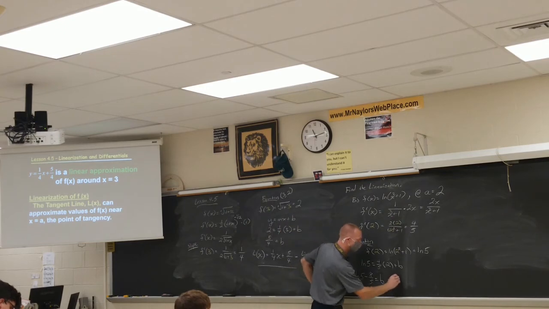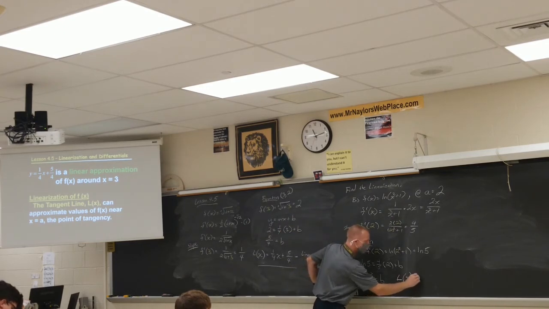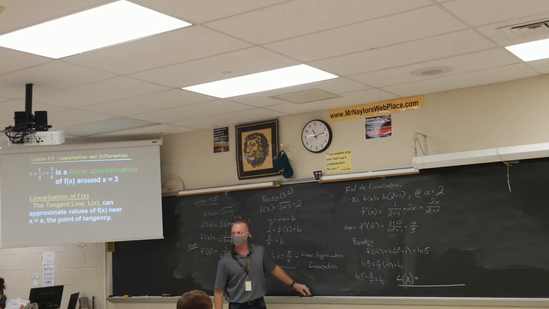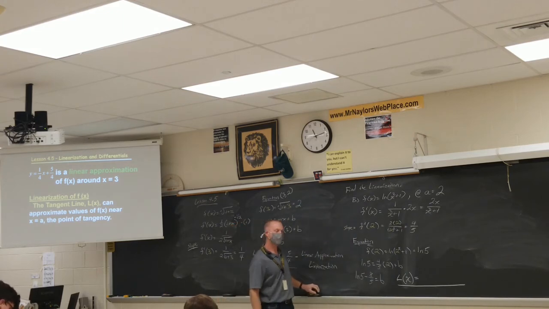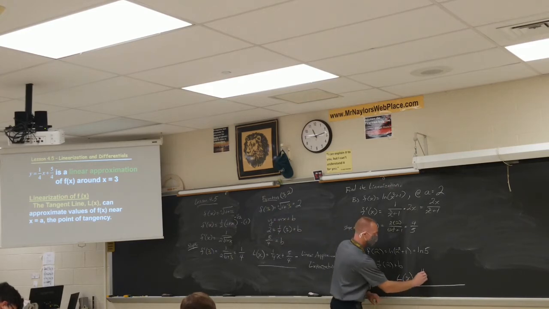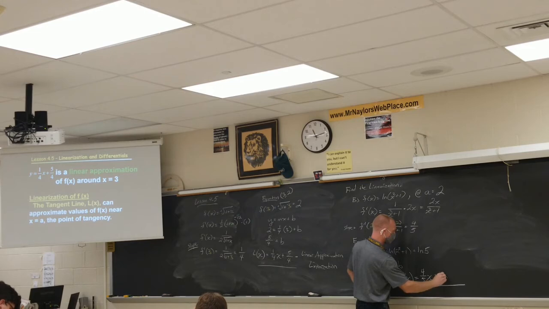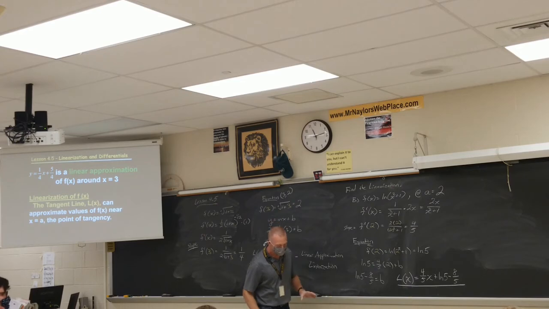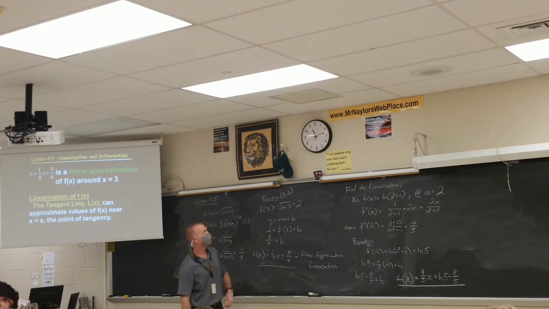But you do want to write the linearization, and take a look, since it's the new way to do it. We're going to write it as the ln of x. I want you to write it as the ln of x, not necessarily y equals. And you've got your slope times x plus this kind of goofy y-intercept, ln of 5 minus 8/5. Now, as I already said, you could turn it into a decimal, but I'm presenting it because you can also leave it this way.